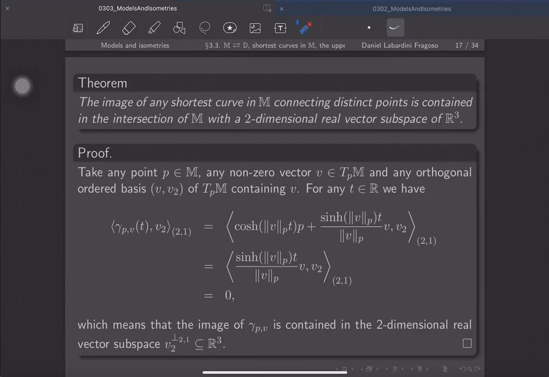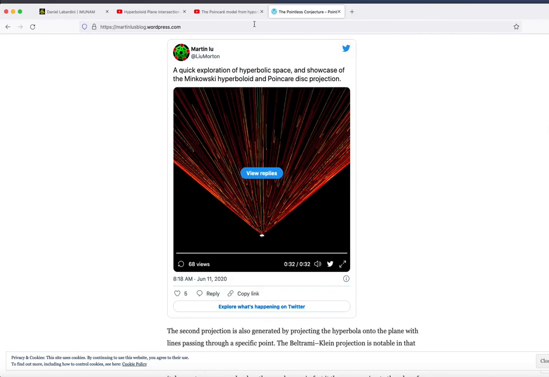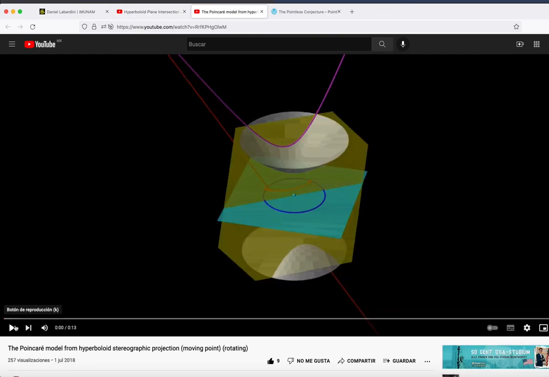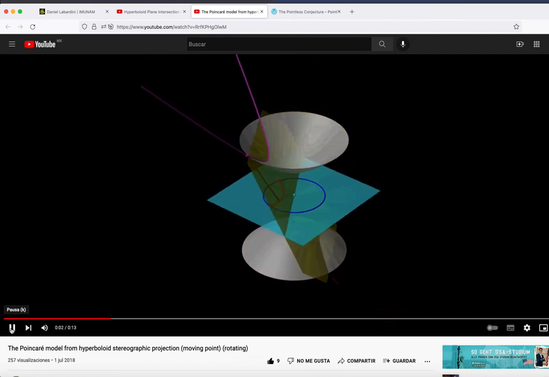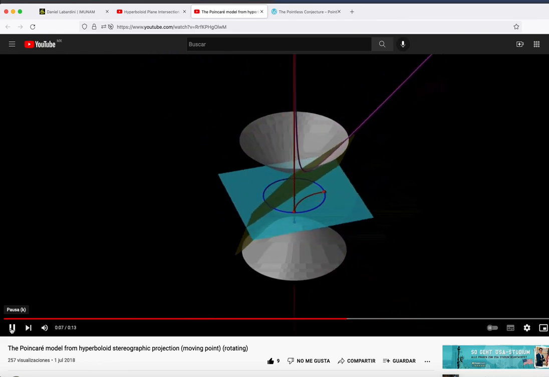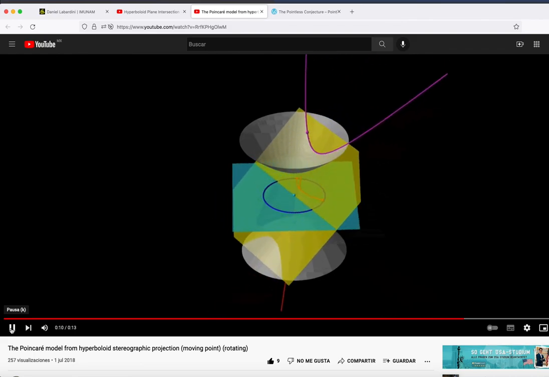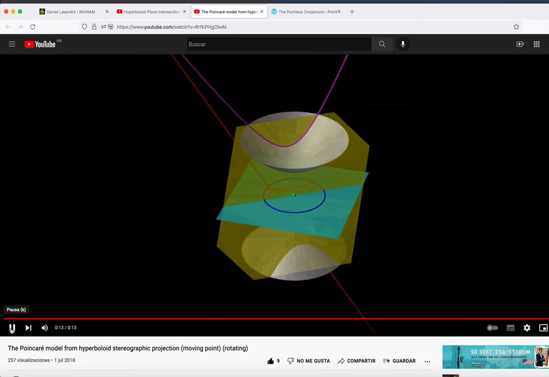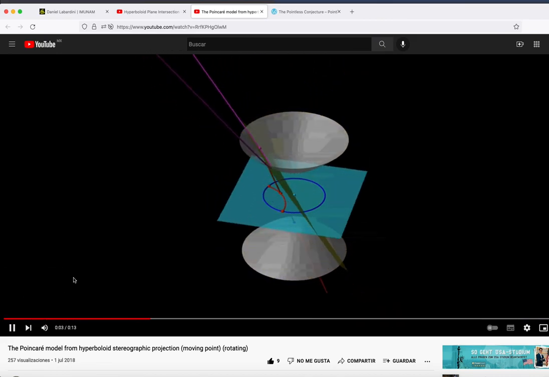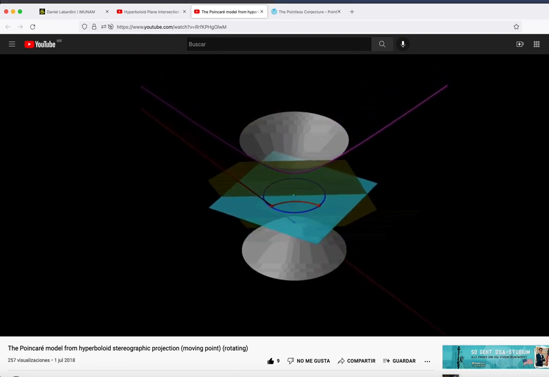Now I ran out of time, so I'm not going to go through the proof today, but let me show a couple of videos. You can see the point moving there, and you can see this plane that I just mentioned through the origin, and you can also see the projection to the Poincare disk.